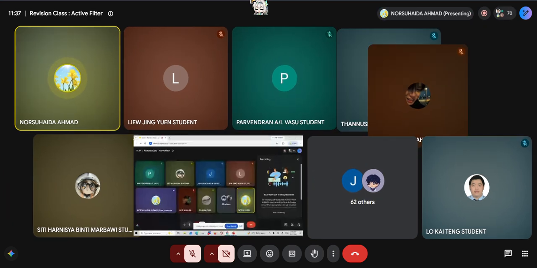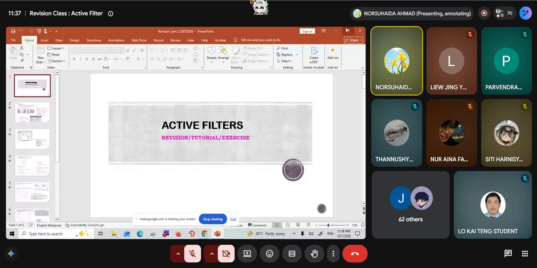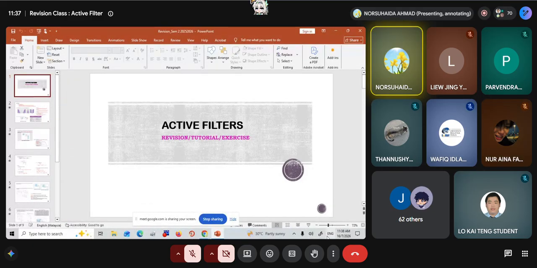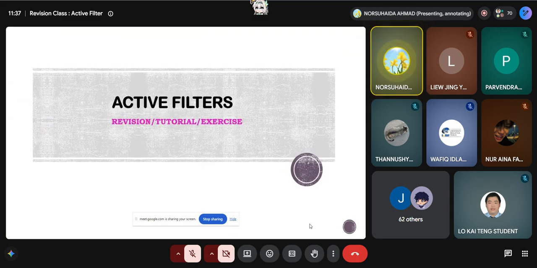Okay, can everyone see the screen or not? Okay, good. So for today there is the revision tutorial and exercises discussion related to active filter.